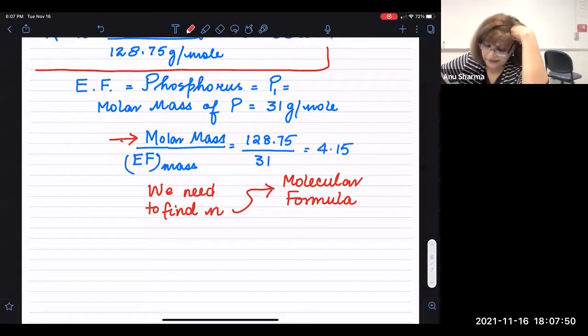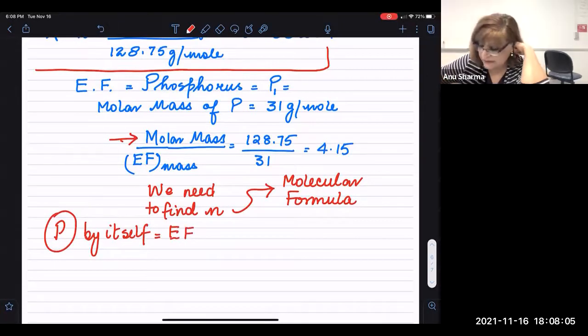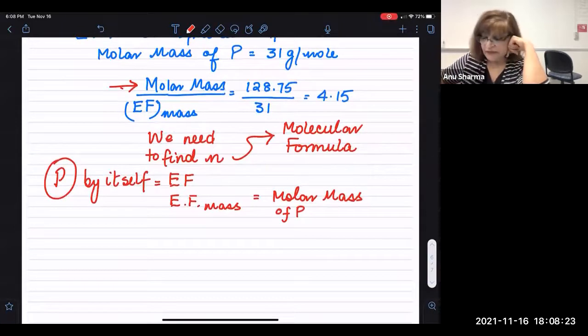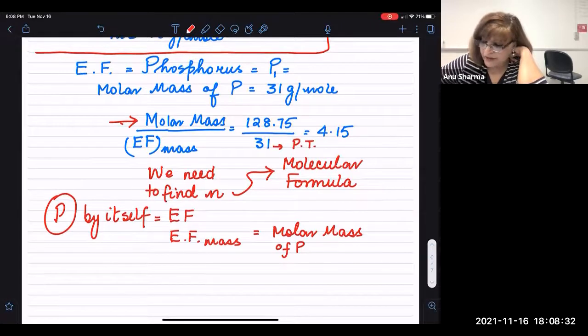Now here's the thing, because nothing else is given, what you're given is just the phosphorus. So phosphorus by itself is the empirical formula. So the empirical formula mass for phosphorus is equal to the molar mass of phosphorus, as you see in the periodic table. Here we see the molar mass of phosphorus is 31 grams per mole. This piece is coming from the periodic table, and this is the one that you calculated from the top.